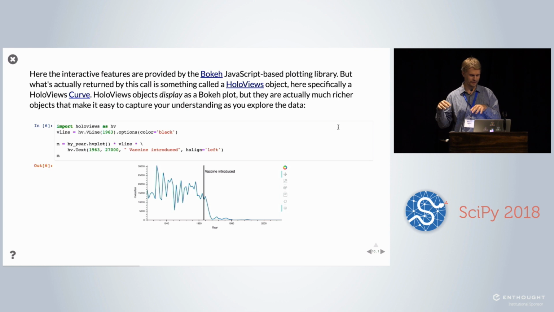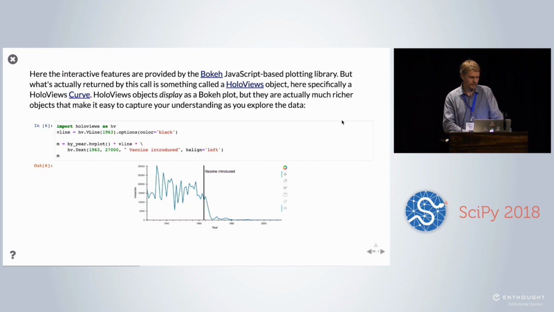So we have a nice relationship there. HoloViews itself is not tied deeply to Bokeh in that way. As I said, it was originally developed in academia outside of Anaconda, but it's been a very useful way to provide new features.